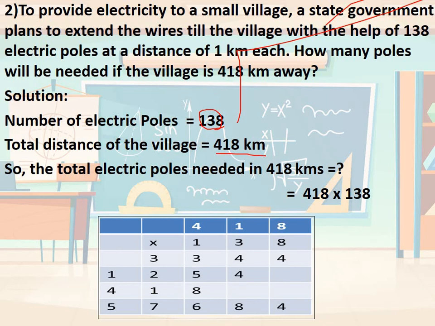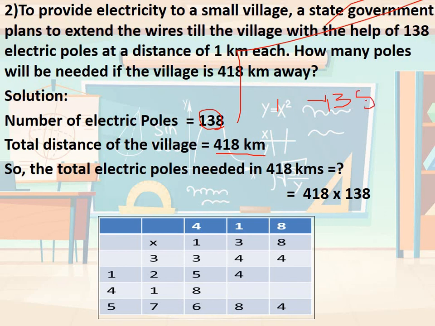Okay, so they are putting an electric pole or the street pole. At 1 kilometer distance they are putting one. Okay, so for each 1 kilometer they are putting one. So for 138 they are putting electric poles.